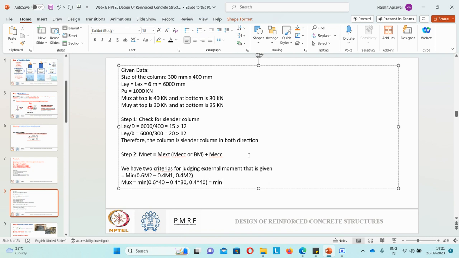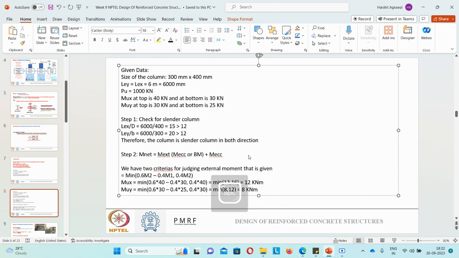The minimum of 12 or 16, so it will be 12 kilonewton meter. And MUY will be the minimum of 0.6 times 30 minus 0.4 times 25, or 0.4 times 30. So this will be the minimum of 8 comma 12, so it will come out to be 8 kilonewton meter.